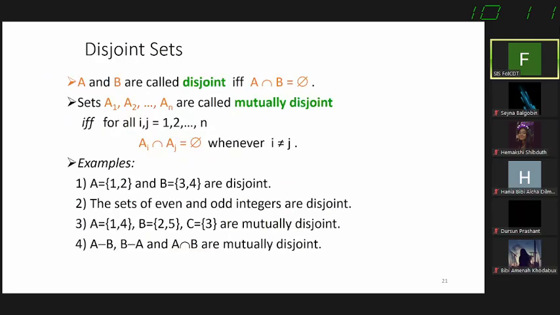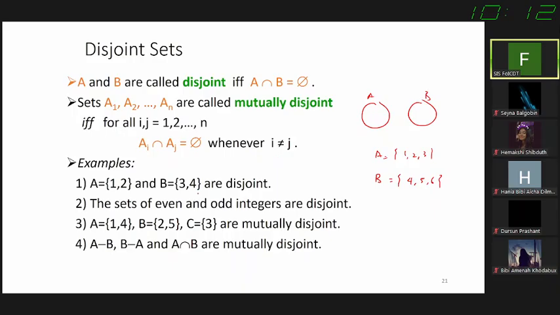Disjoint sets. What sets are disjoint? This is A and this is B, or you can write it this way: this is 1, 2, 3, and B would be 4, 5, 6. So they are disjoint. They are called mutually disjoint. So A intersection B, for example, would be null.